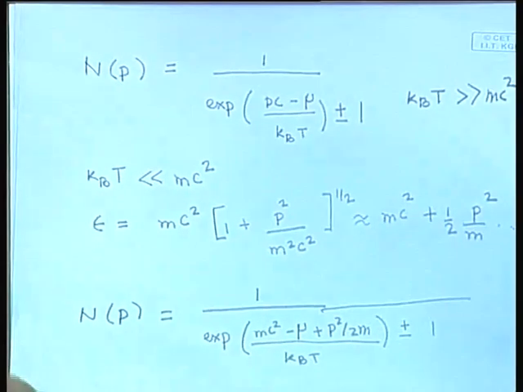Now, as the universe expands, the occupation number of these neutrinos of a particular state is unchanged, only the momentum corresponding to that state falls as 1 by the scale factor.